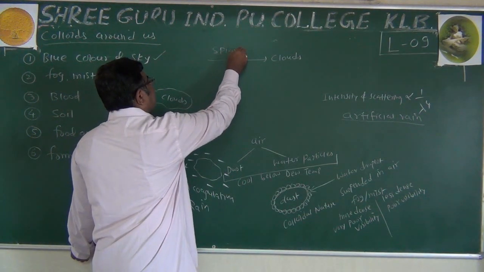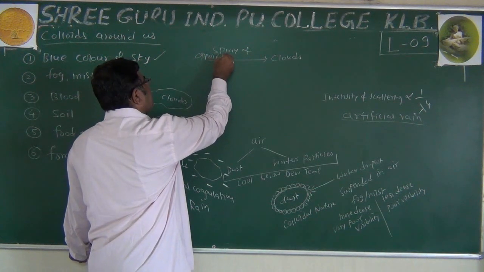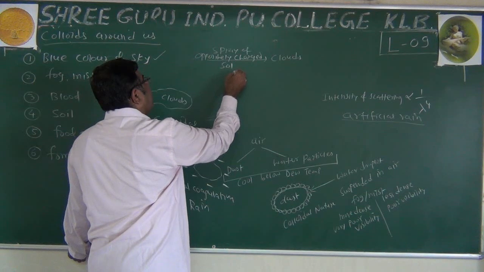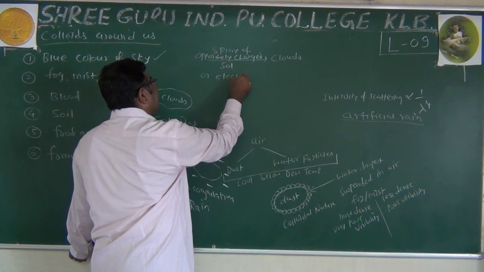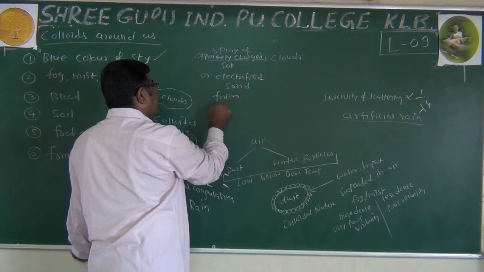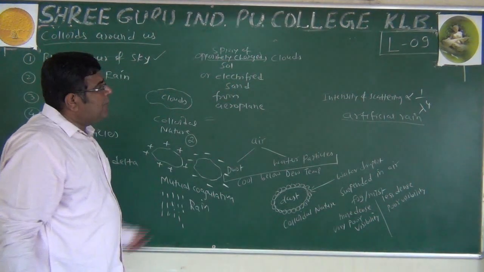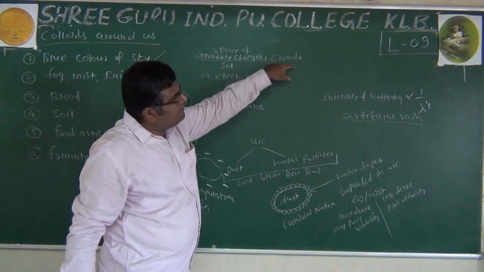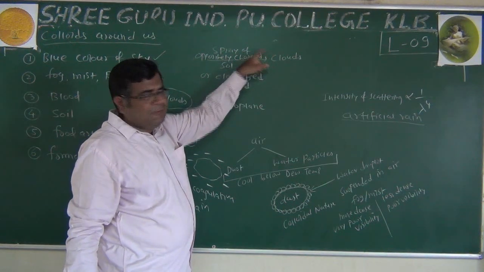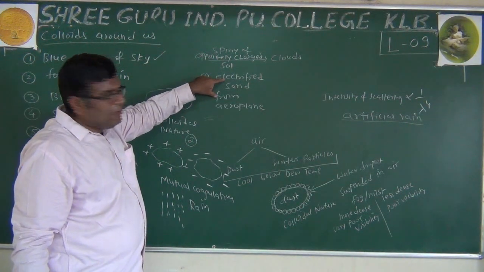By spraying oppositely charged sol, or we can add electrified sand on it, of course from the aeroplane, because clouds are at a higher altitude. So we are discharging their charge by coagulating them, by neutralizing their charge, by spraying the oppositely charged sol or electrified sand, because electrons are present on it.